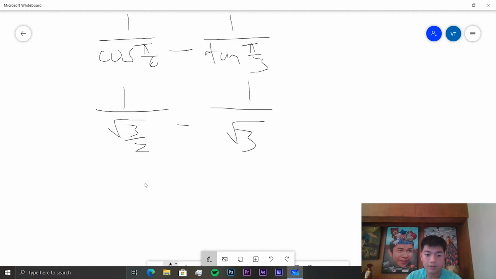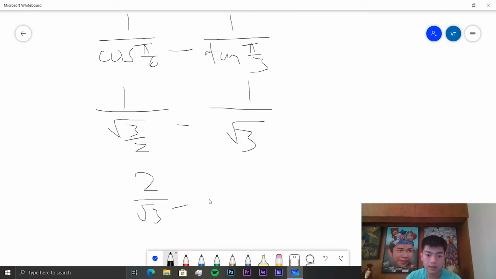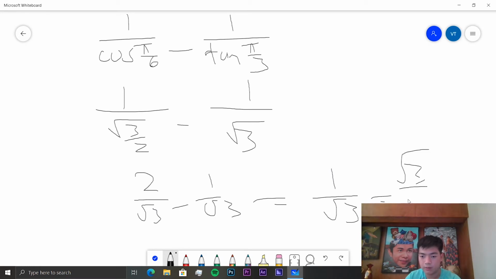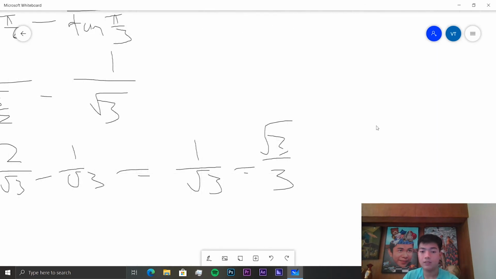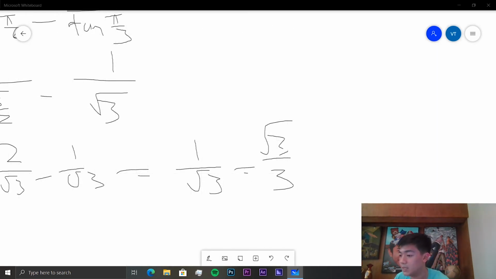So we have 2 over root 3 minus 1 over root 3. This should simply be equal to 1 over root 3, which is equal to root 3 over 3 if you rationalize the denominator. Yeah, next question.